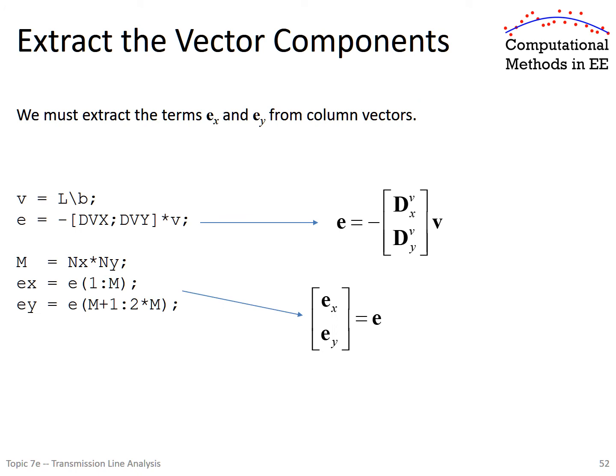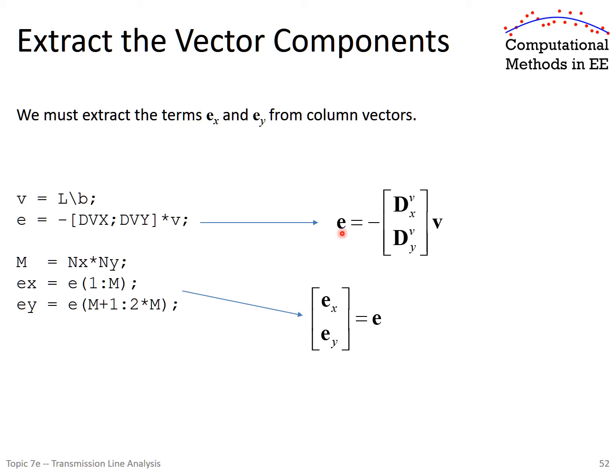So the MATLAB code looks something like this. We calculate our scalar potential as L backward divide B, and this is the L and the B after we've incorporated our forced potentials. Once we have V, then the negative gradient gives us our E. At this point, we may want to pull out the EX and EY separately.